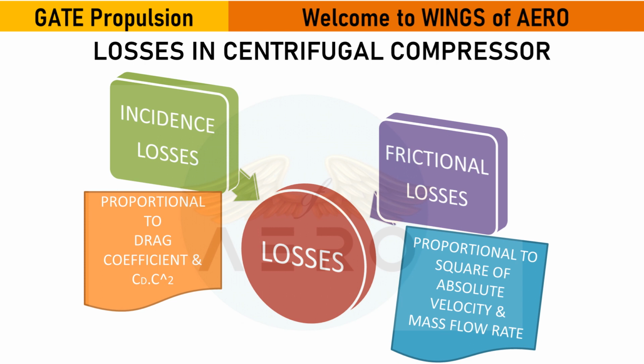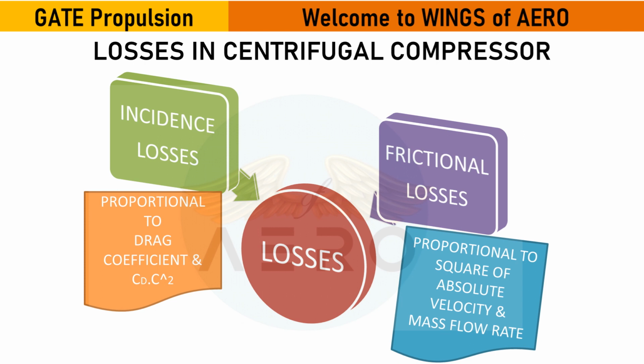So you need to remember these terminologies. The incident loss is directly proportional, which means if the drag coefficient increases, the incident loss will also increase. Along with that, the product of drag coefficient and absolute velocity will also increase, so the incident loss will also increase. Then comes the frictional loss. If the square of the absolute velocity increases, it will lead to frictional loss.